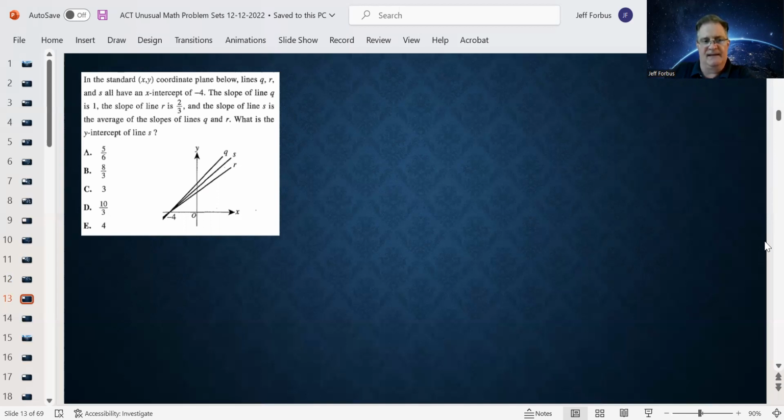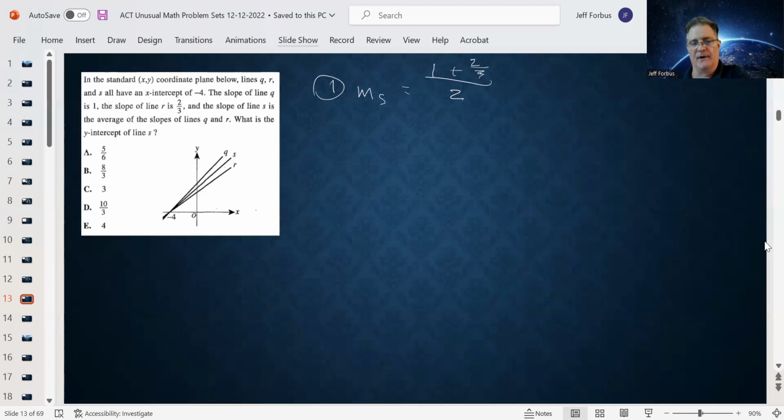And the slope of S is the average of the slopes of Q and R. So slope S is equal to the average of slope Q and R. So we know that one is 1 plus 2/3. It's the average. Okay, so we can figure out the slope of S.